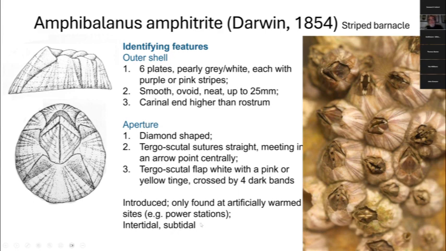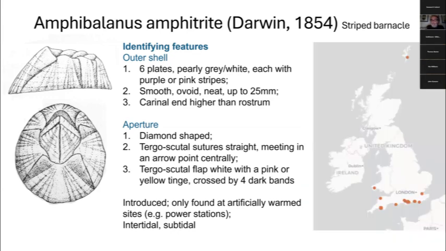This is an introduced species. So like Austrominius modestus, this is introduced, only found at artificially warmed sites. That's why the dots on the map here are so few, and why generally you won't be bumping into it in most of the places that we go diving.